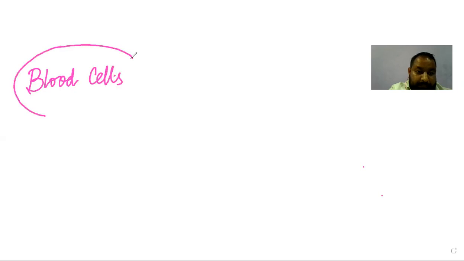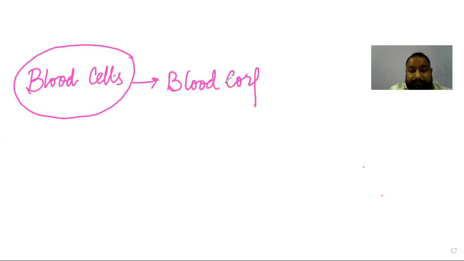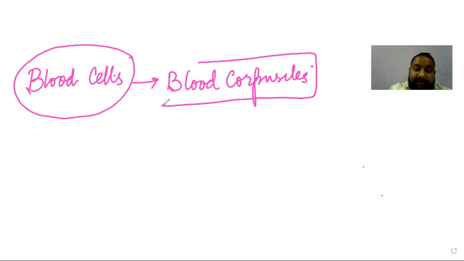So today we are going to start with the topic blood cells. Blood cells, also known as blood corpuscles, are one of the major parts of the blood in humans.